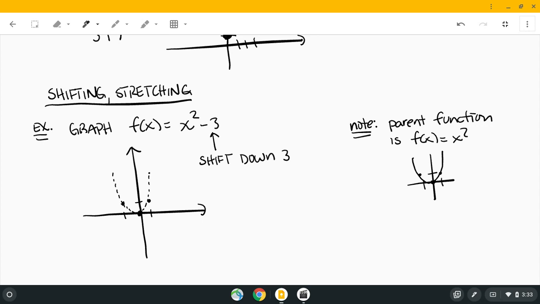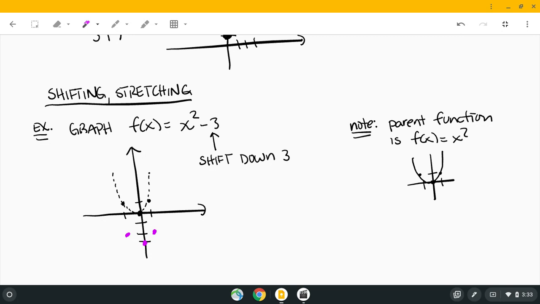Okay, and then I'm going to shift it down 3. 1, 2, 3. I'll do it in a different color. I'll do it in purple. All right, so this point over here will go 1, 2, 3. This point over here will go 1, 2, 3. And this point up here will go 1, 2, 3.